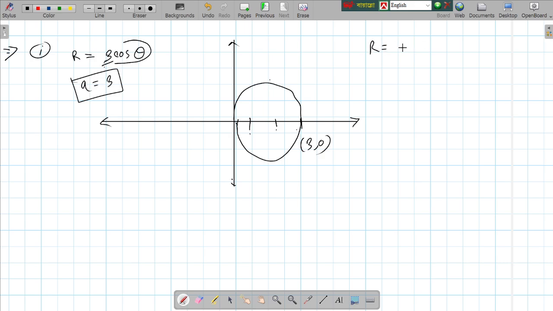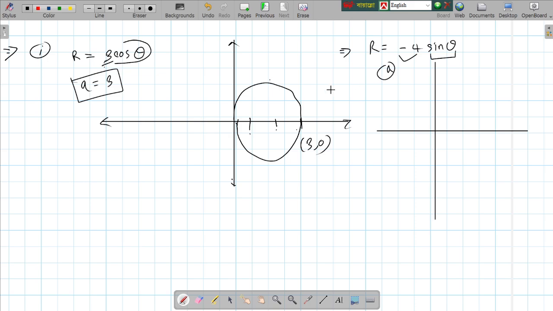Now suppose r equal minus 4 sin theta. If we want to trace this graph, as it is a sine function, we are sure that the function lies on the y-axis, and the value of a is negative, so the graph is below the x-axis.